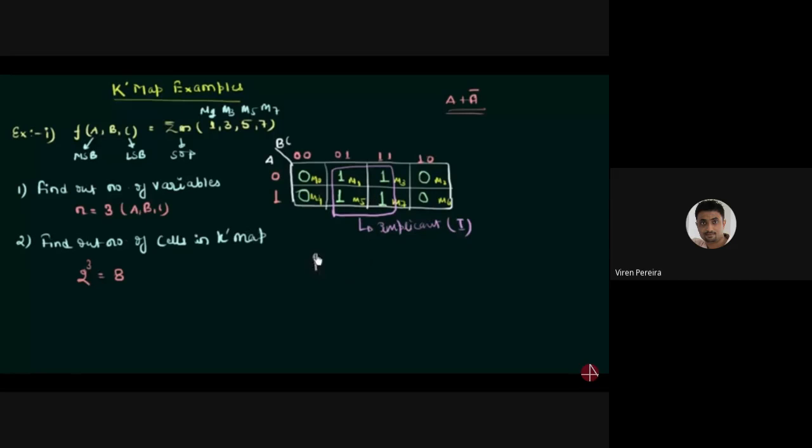The next step is to write the function. So f is equal to 1, and 1 is what?